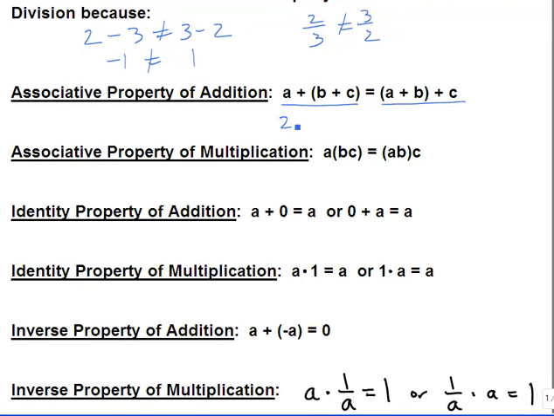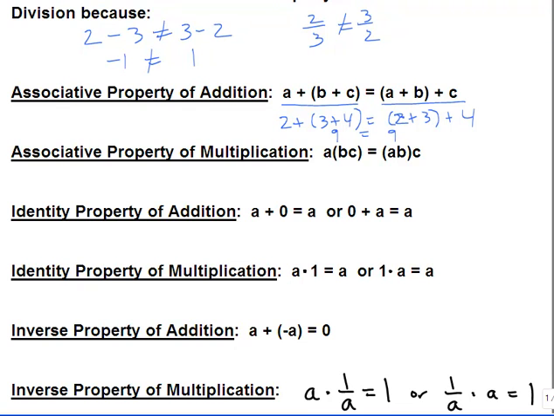So for example, 2 plus (3 plus 4) will equal (2 plus 3) plus 4. So we could add the 3 and the 4 first and then add 2, or we could add the 2 and the 3 first and then add 4, and no matter how we do it, we're going to get 9 on both sides.